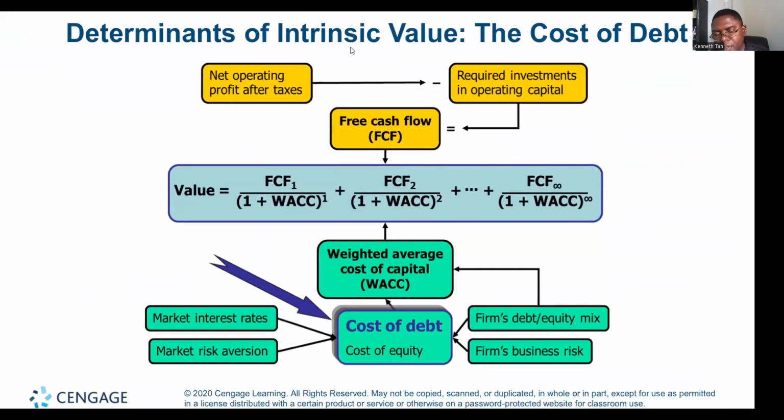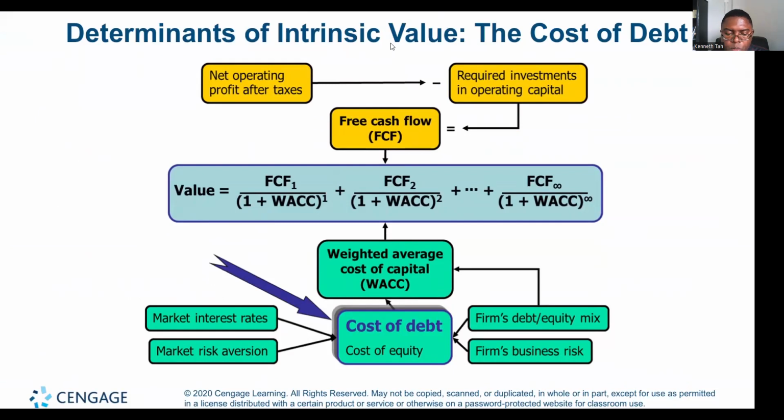So, determinants of intrinsic value. Intrinsic value of a company is basically the present value of all free cash flows. Free cash flow is the amount of money that is available for investors.